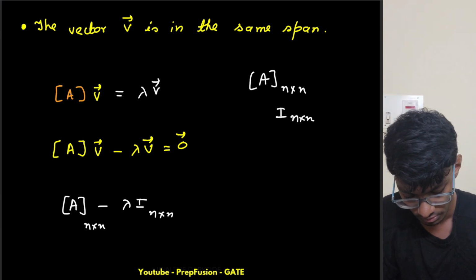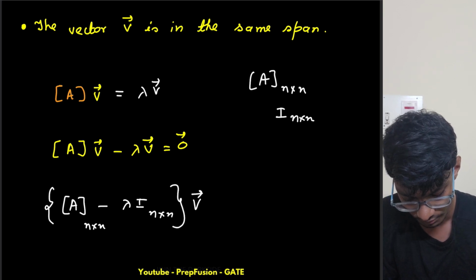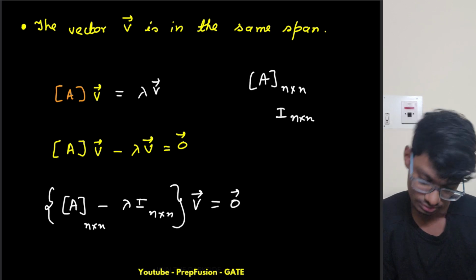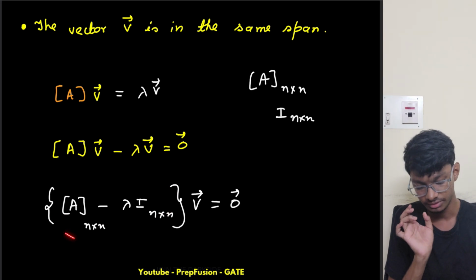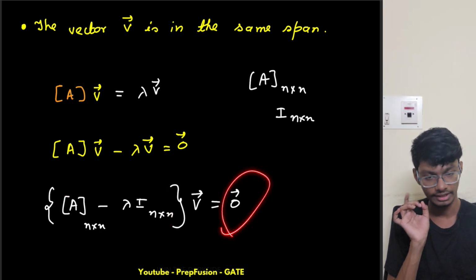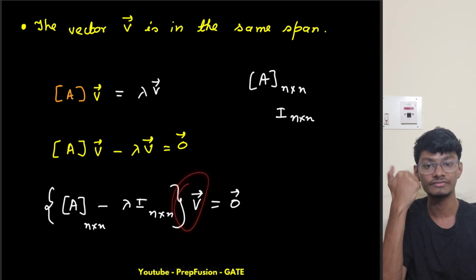And on the outside, we have the v vector, which equals the null vector, right? Now I have to solve for this. When this bracket is 0, then I can get a null vector. Or what is another possibility? When this v vector itself is 0.